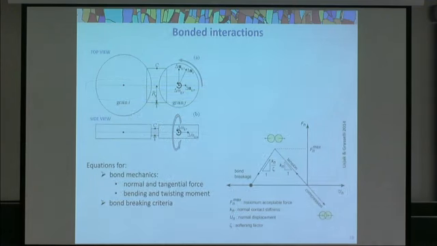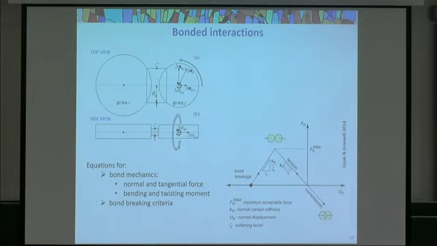As for the second type of interactions between grains, those that are transmitted by bonds, I didn't write the equations here. There's a number of them describing again the normal and tangential force, and in the case of bonds we also have the bending and twisting moment.